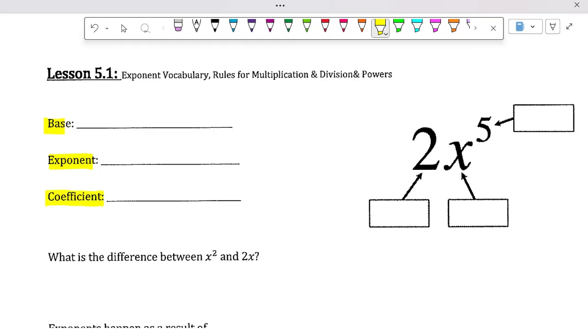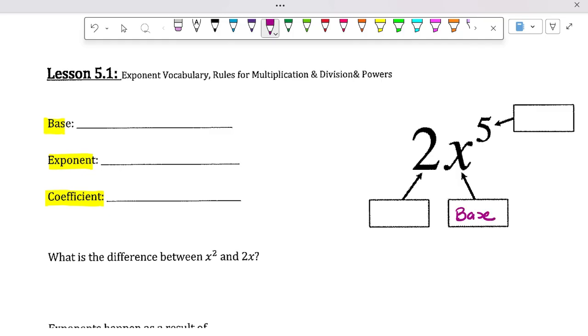Now, before I tell you what they are, let's see if you can identify them because you should be able to. Which value in the 2x to the fifth is my base? The x is your base.